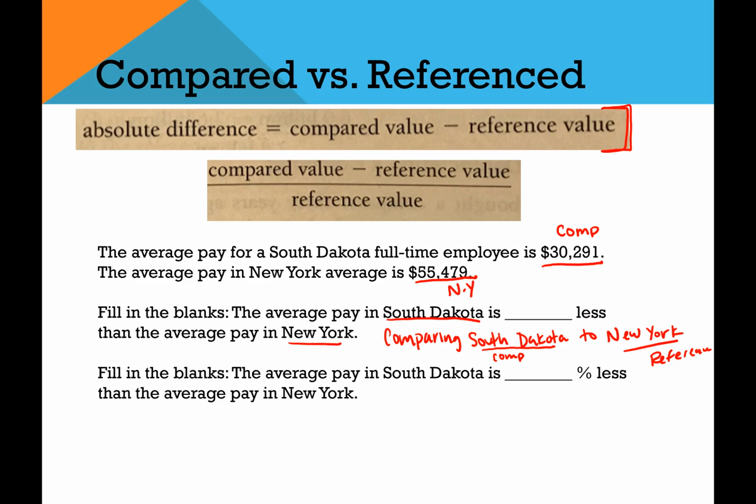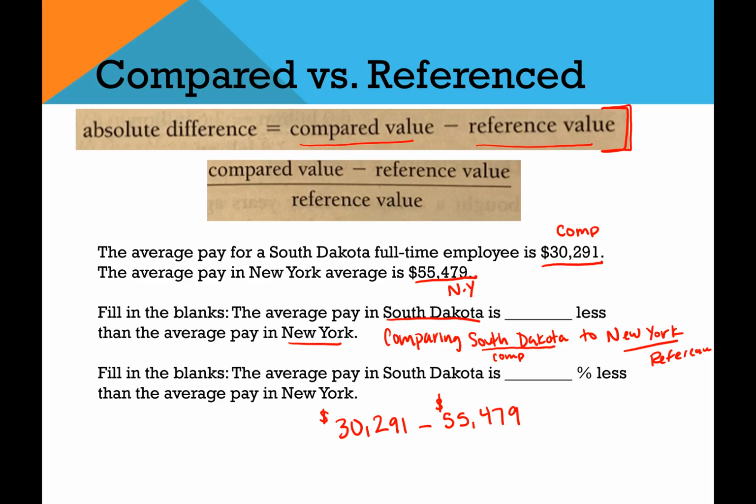So all I'm going to do is the compared minus the reference value. So compared is going to be 30,291, and then I'm going to subtract 55,479. So that's 30,291 minus 55,479, and that gives me a negative.